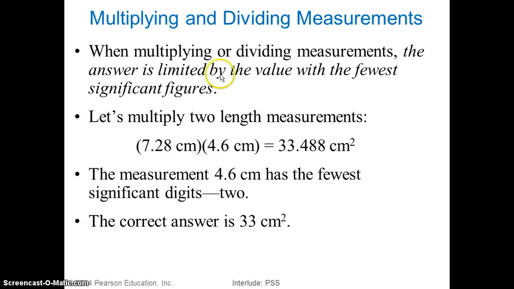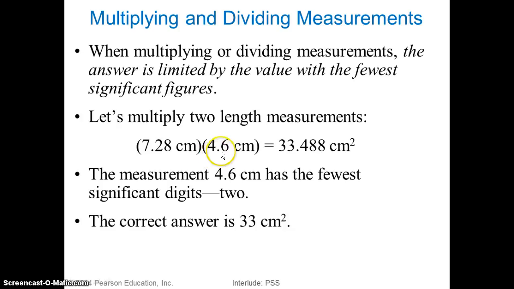Now when you multiply and divide measurements, the answer is limited by the value with the fewest significant figures. For example, when you are multiplying 2 length measurements, 7.28 centimeter times 4.6 centimeter. Now 7.28 has 3 significant figures and 4.6 centimeter has 2 significant figures.